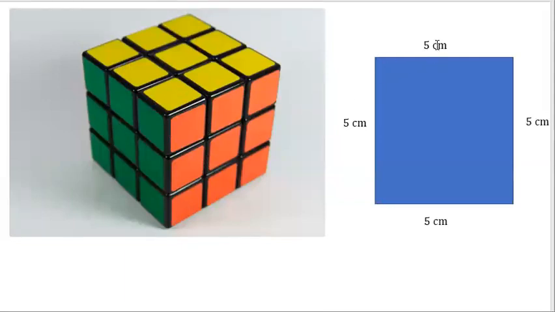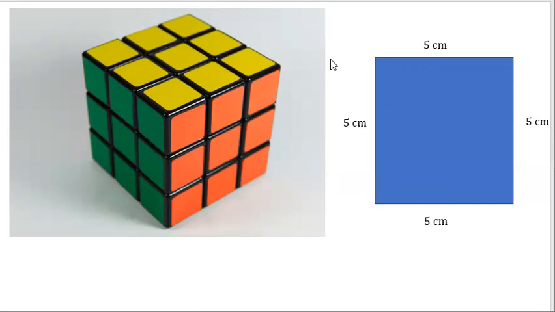So we know 5, how do we get the area of a square, people? Side by side. So 5 by 5 will give you 25. So we know the area of one side is 25. So we want to find the area of 3.